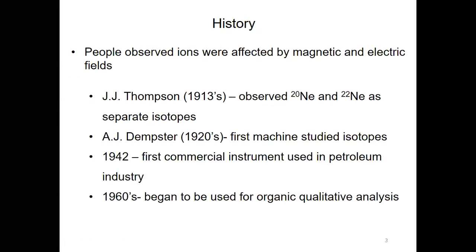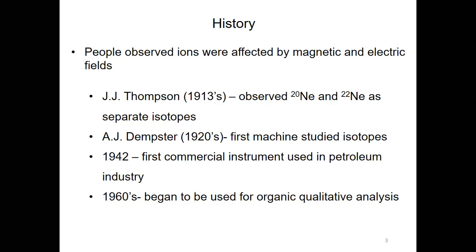And let's discuss a little about the history of this. People observed that ions were affected by magnetic and electric fields. That's how the mass spectrophotometer originated.